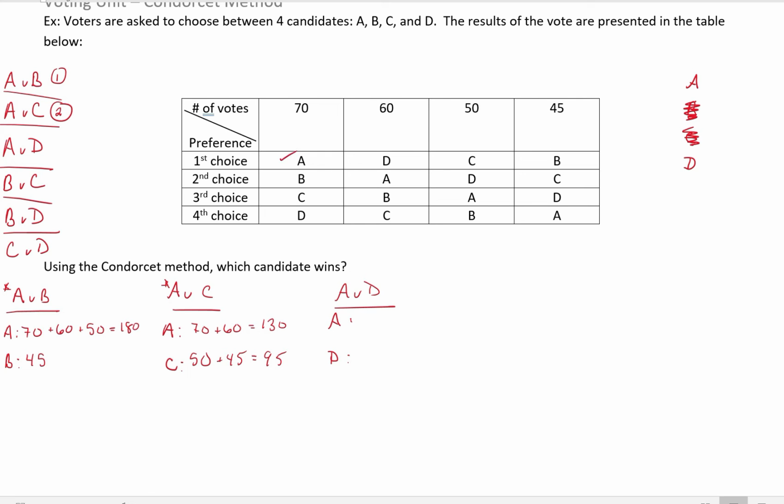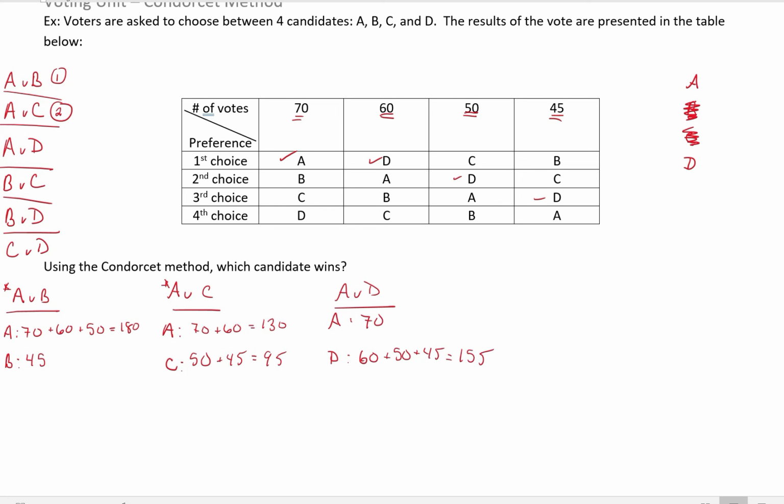So these 70 people, they like A better than D. These 60 people like D better than A. These 50 people like D better than A. And these 45 people like D better than A. So this is 155.